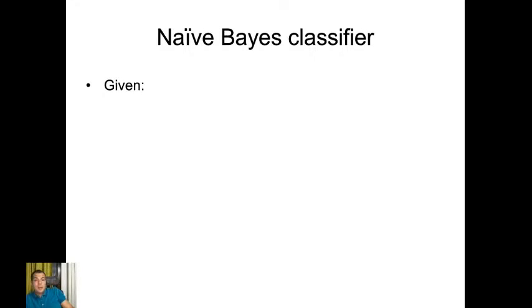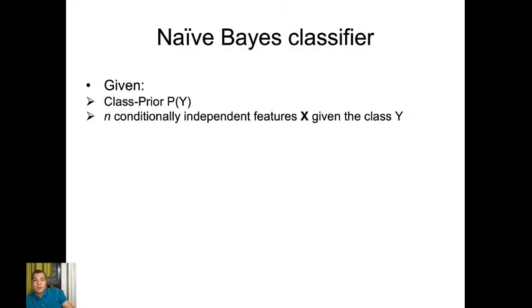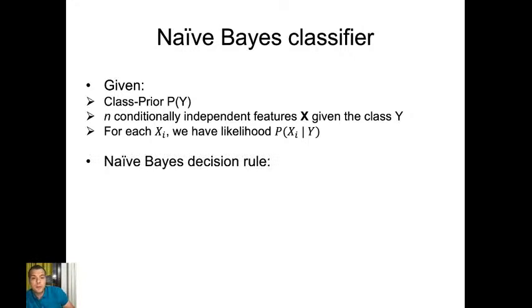So the naive Bayes model is a model that we can use on discrete data. We have some class prior, the probability of classes. We have n conditionally independent features, and for each feature we have the likelihood given the class. So we have this likelihood for every possible class, and then our decision is based on some adaptation of the optimal classifier, which is argmax of this probability.